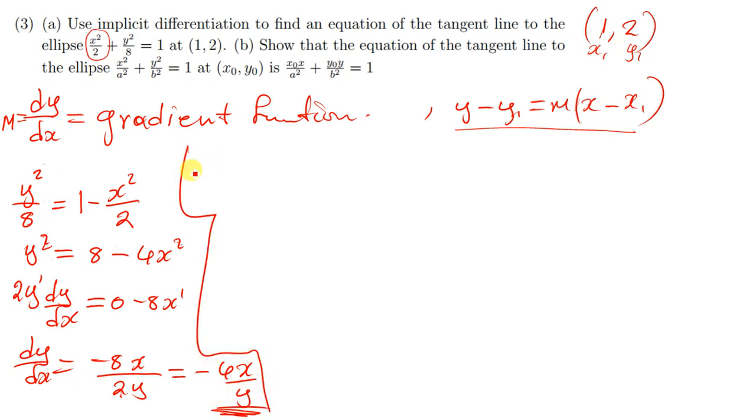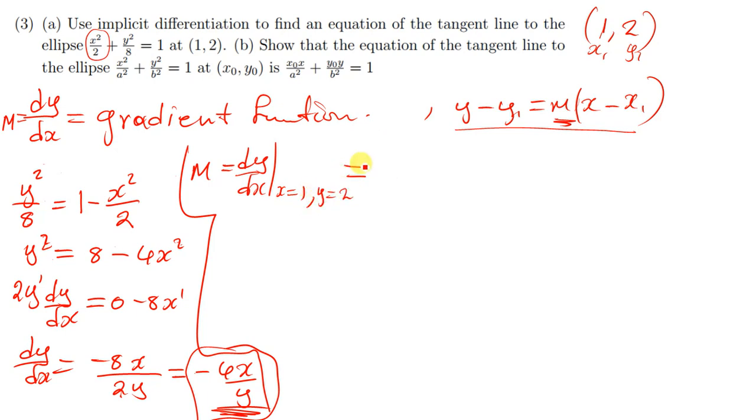So now to find the gradient m, which we're going to use in this equation, we know that m is equal to dy/dx. So the gradient m is equal to dy/dx at the given point, which is (1, 2). So x is equal to 1 and y is equal to 2.